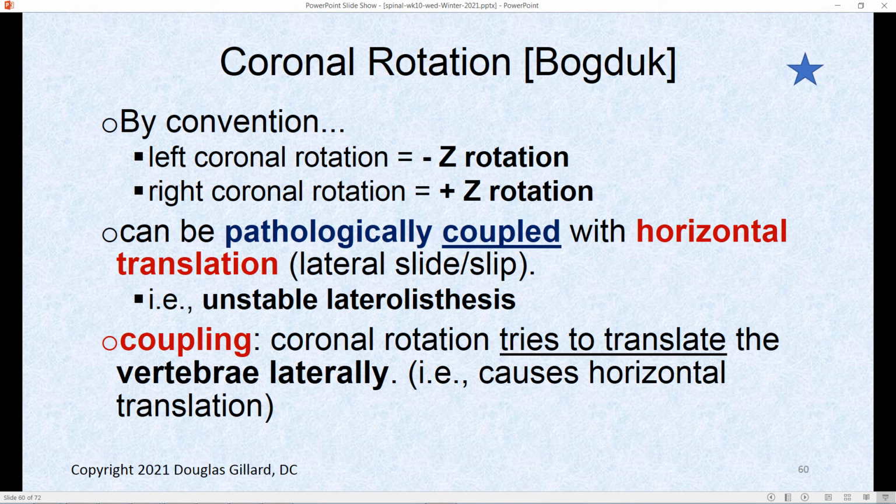But I've seen cases where it goes both ways. The point is it's coupled. So coronal rotation is coupled with horizontal translation. And that's why you order lateral bending exercises, to see if there is any horizontal slip going on.